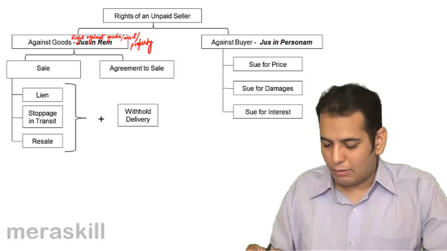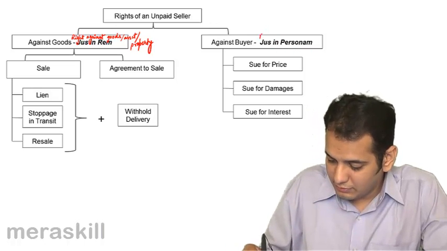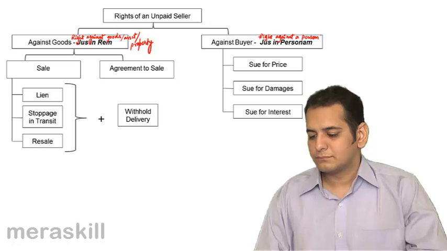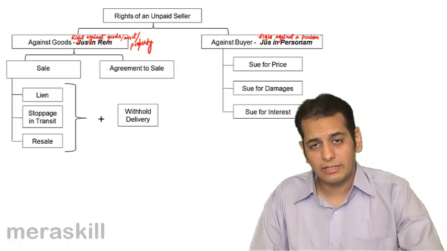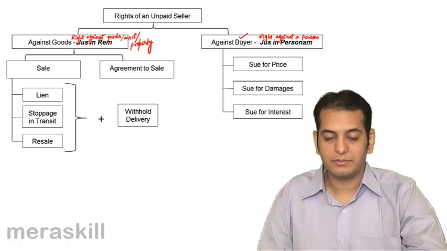Okay. And what is jus in personam? Jus in personam means right against a person. These are the personal rights against some person. So the person here is the buyer.